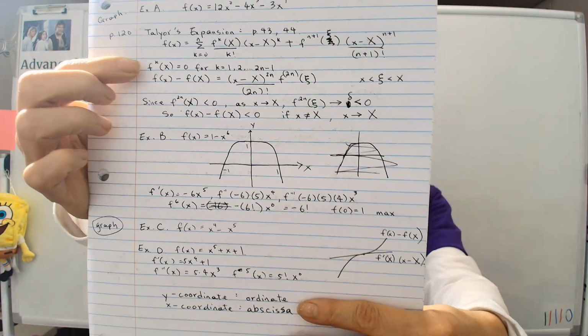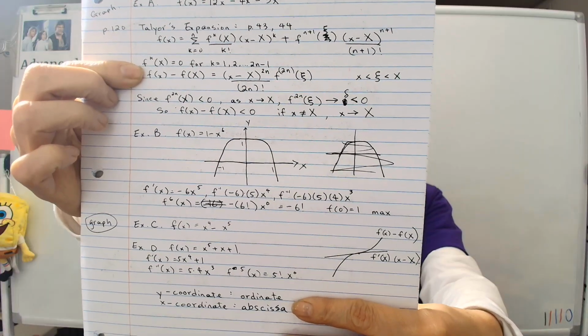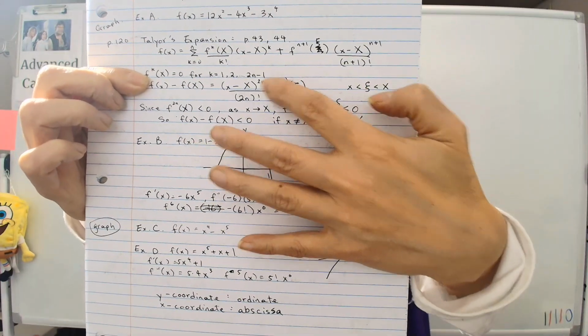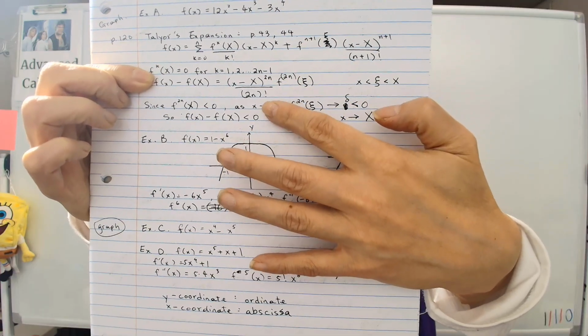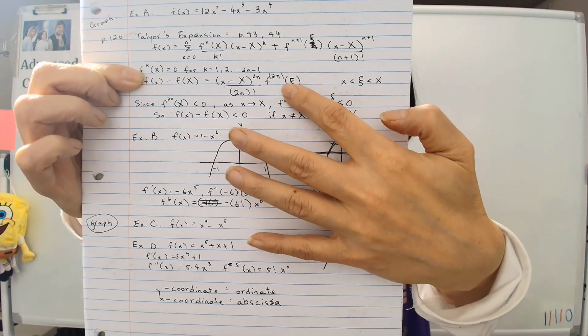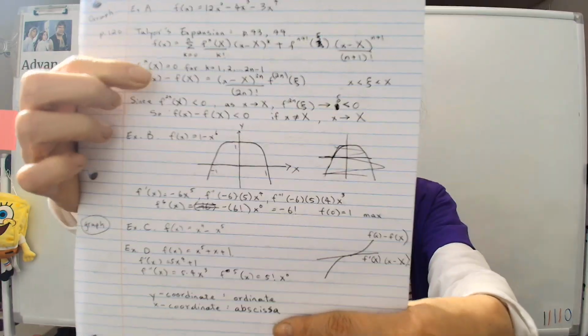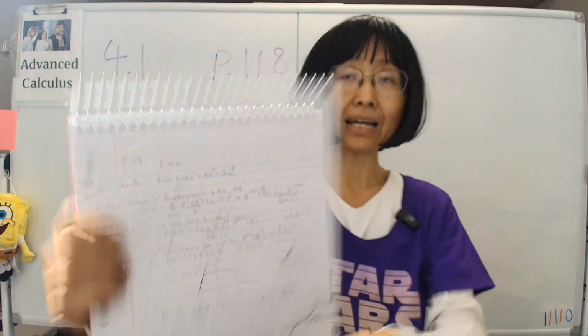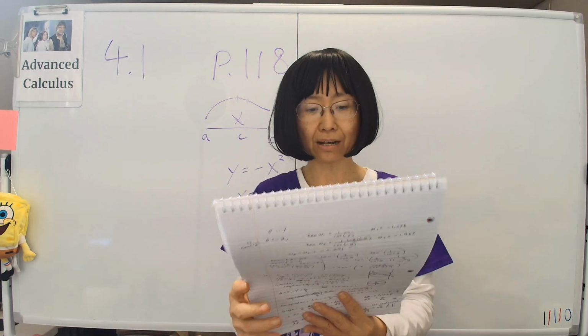So if you look at this formula that we just had, that means that this stuff here, being that it's an even power, is always positive. This value is negative, which means f of x minus f of big X is always negative. So it's always less than 0. And that is what we set out to prove.